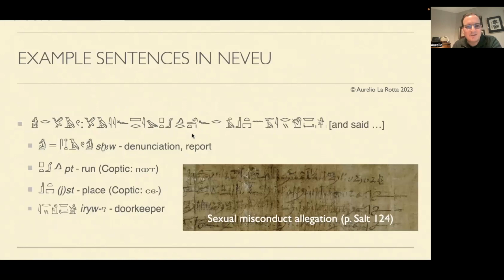And I had one example sentence here from Neveu. That actually comes from a denunciation, a long denunciation document about one of the foremen, I think in Medina, if I'm not mistaken. And essentially all sorts of things are being put to him by several people, including his own son.